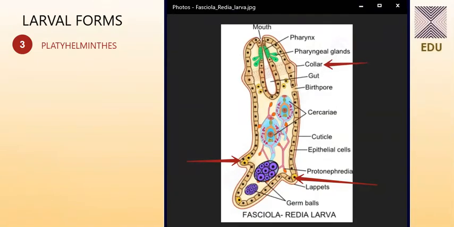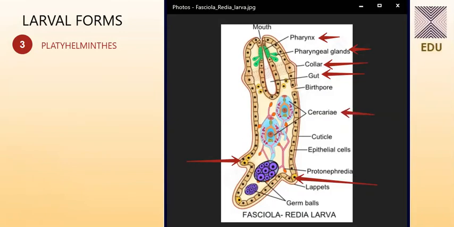If I talk about the structure of this Radial larva, it has a pharynx, pharyngeal glands, and a gut. That means it is starting to feed on the tissues of the snail. So it will give rise to the next forms of the larvae, which are called the cercaria larvae.